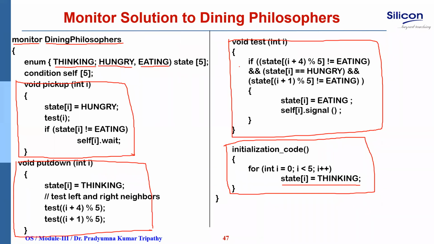These are the shared data members. We have an enum data type, an array state of 5, that is state of 0, state of 1, state of 2, state of 3, and state of 4, and any one of these values can be stored.